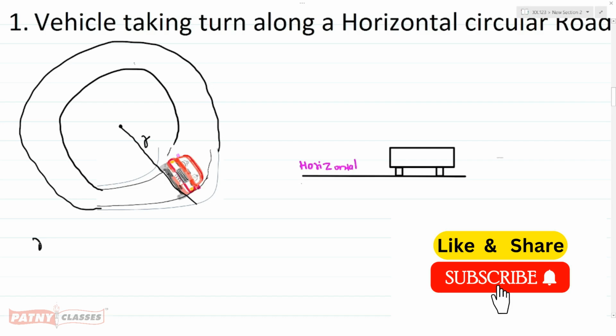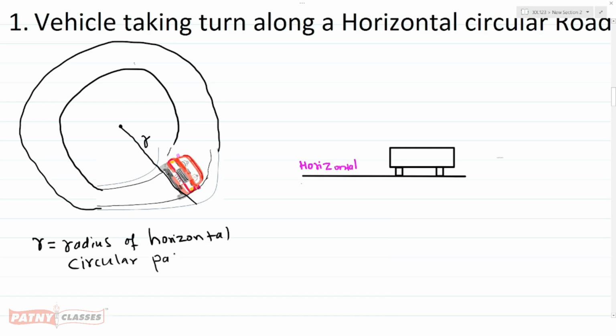So R is nothing but the radius of the horizontal circular path of the road. And here I have drawn the vertical section of the car.